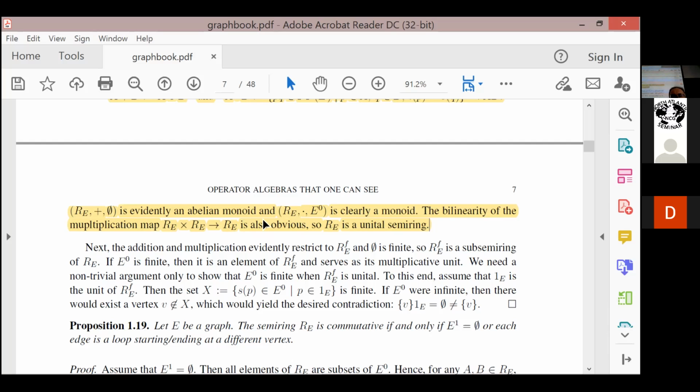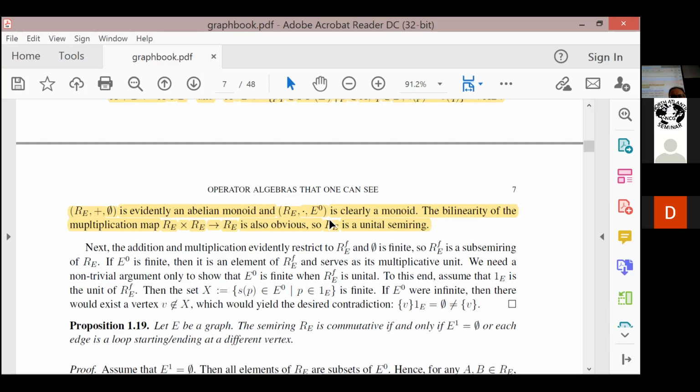Now, when I take my concatenation multiplication, then again, this is clearly a monoid, but no longer abelian, of course. There's one more thing which should be verified, but is obvious here by definition, and that is associativity. Of course, set theoretical union is associative, and of course, concatenating paths is associative. You can go ahead and check it very carefully, but I think this is simply trivial.